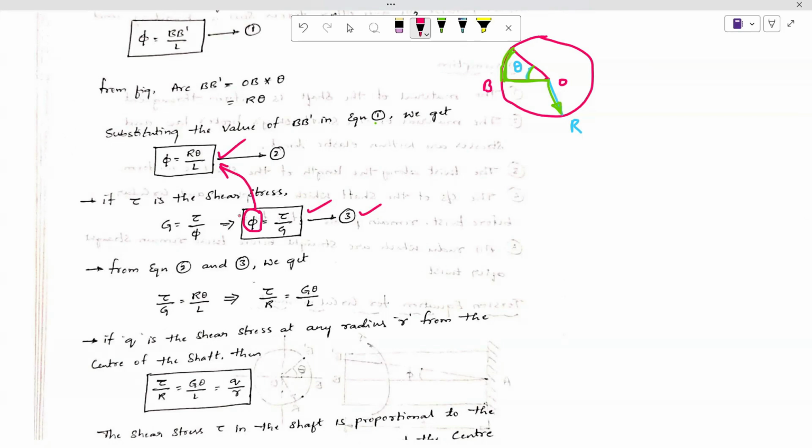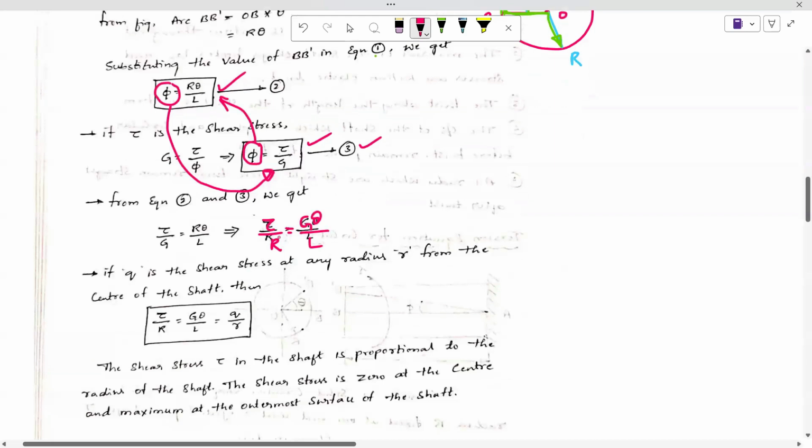Phi is equal to R theta by L, and phi is nothing but tau by G. So tau by G is equal to R theta by L. From this, tau by R is equal to G theta by L. So this is the equation.